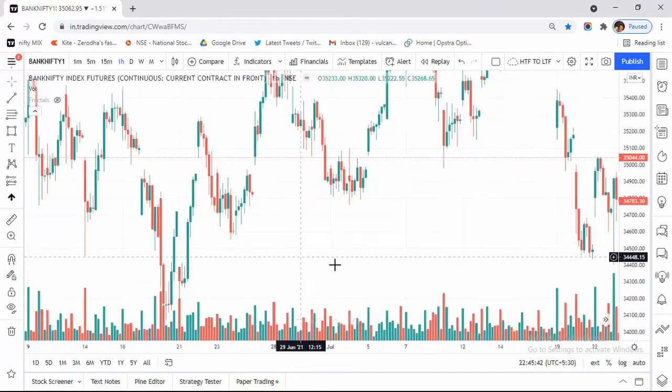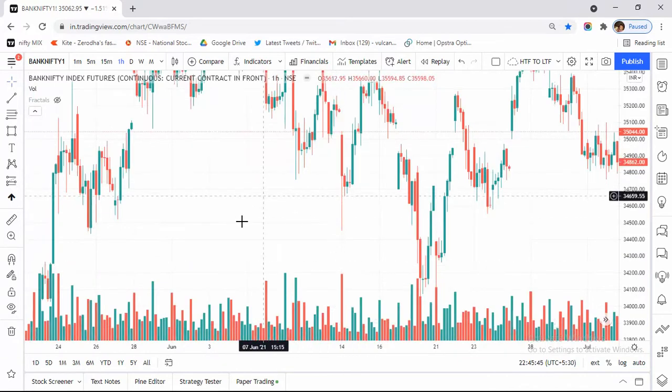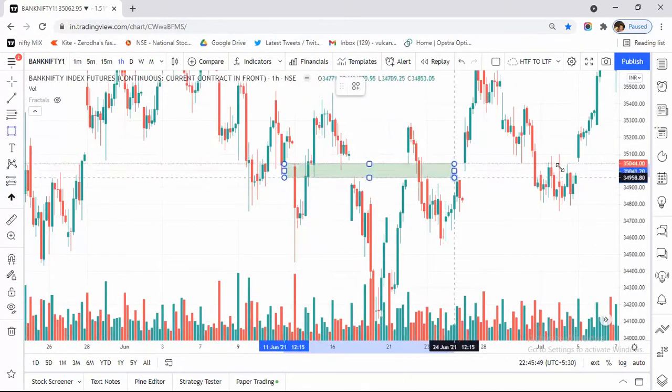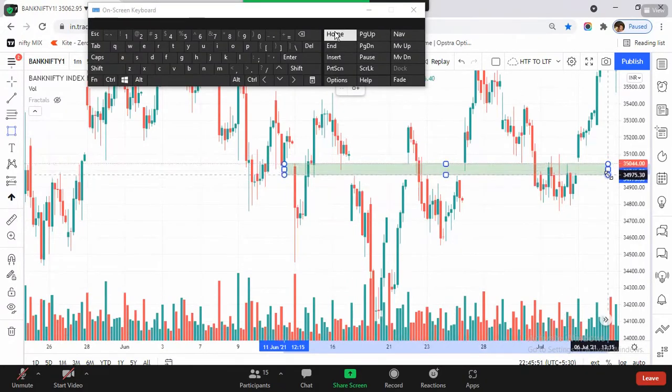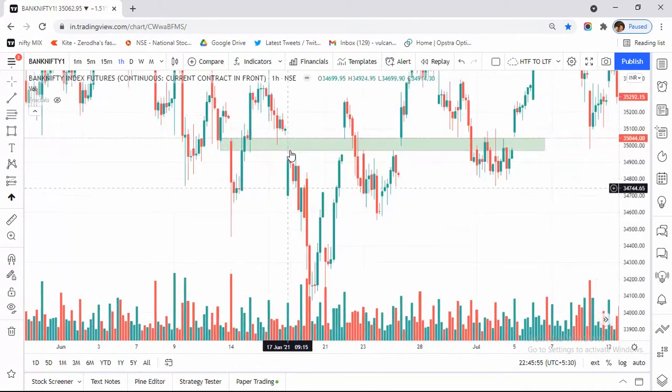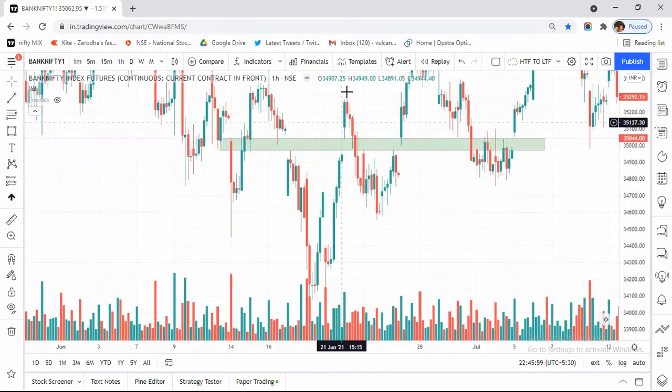Like if you mark this candle here, suppose you mark this candle. So when price goes below, you get a sell opportunity here. When price goes above, but when going down, it just broke it in one go. Here, it first faced some resistance, then broke it.